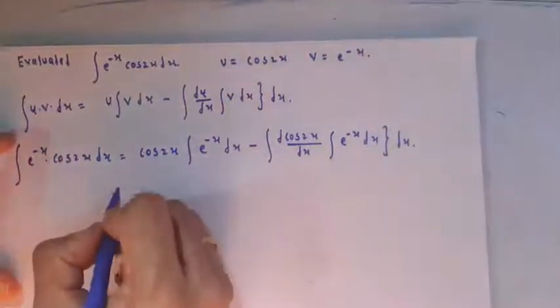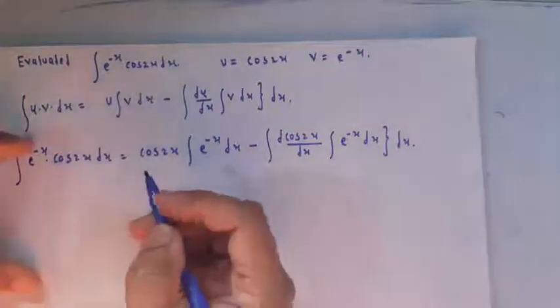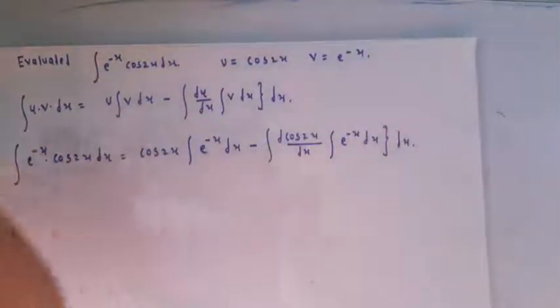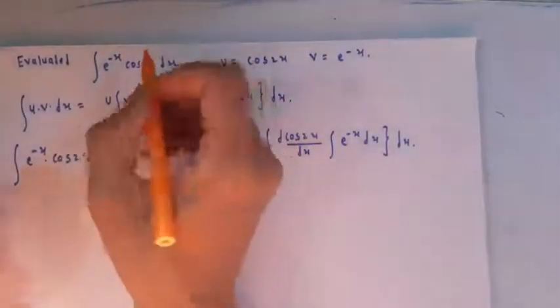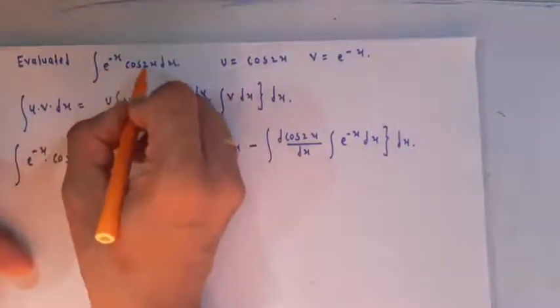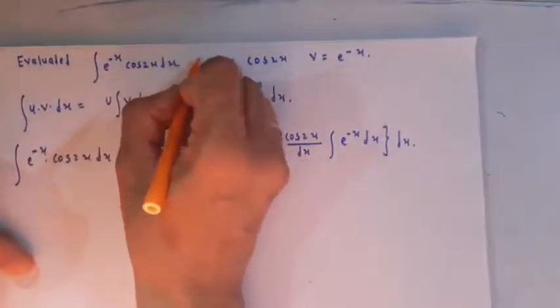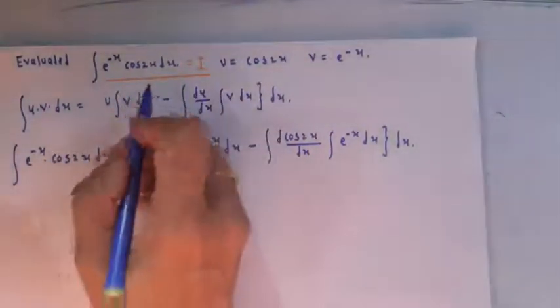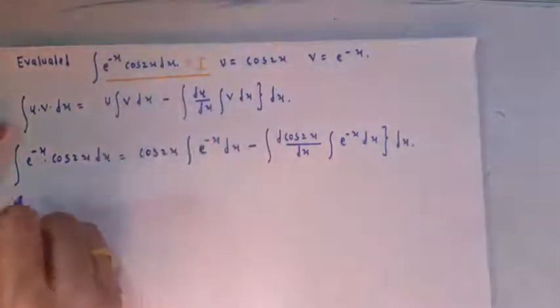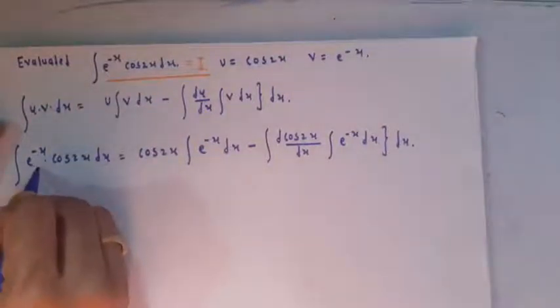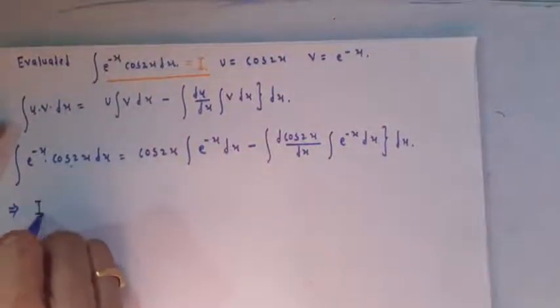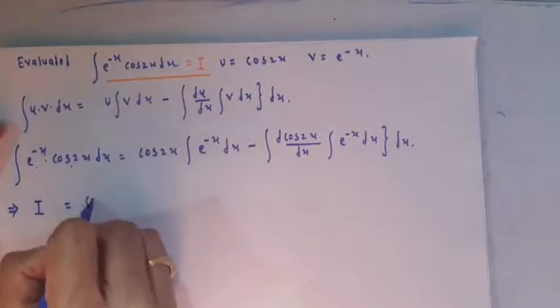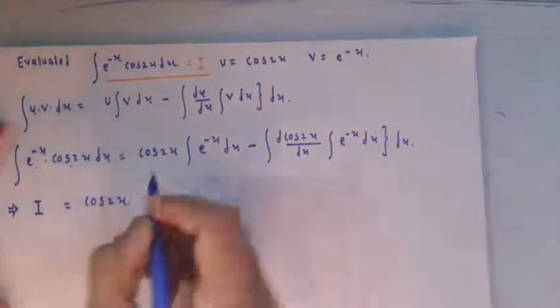Okay, now here first we consider integration of e raised to minus x cos of 2x dx equal to I. This is the integration we have considered as I. Therefore I is equal to cos of 2x times integration of e raised to minus x.